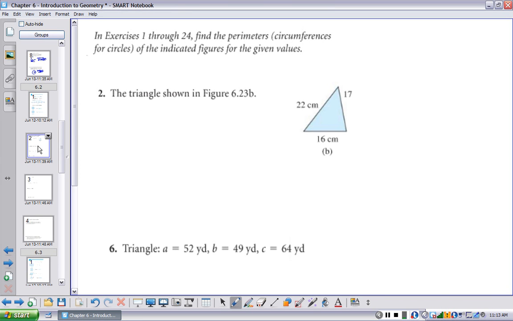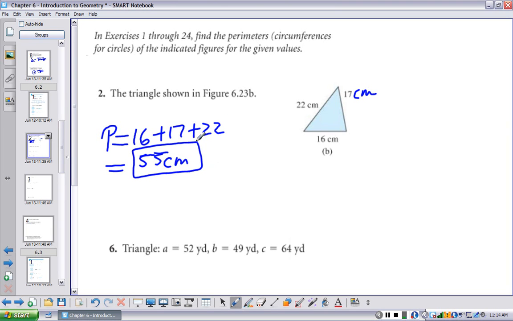So when we look at number 2, we have a triangle. We have 22 centimeters on one side, 17 centimeters on the other side, and 16 centimeters on the other. So the perimeter is 16 plus 17 plus 22, which is 55 centimeters.